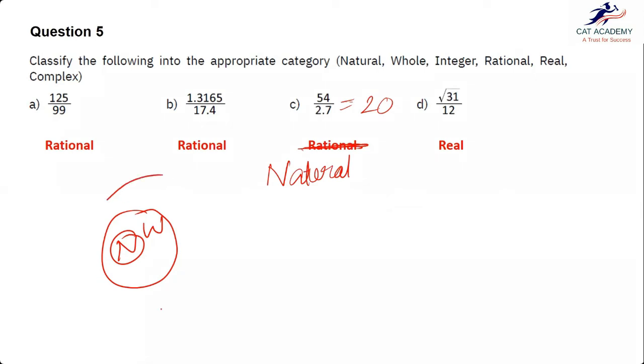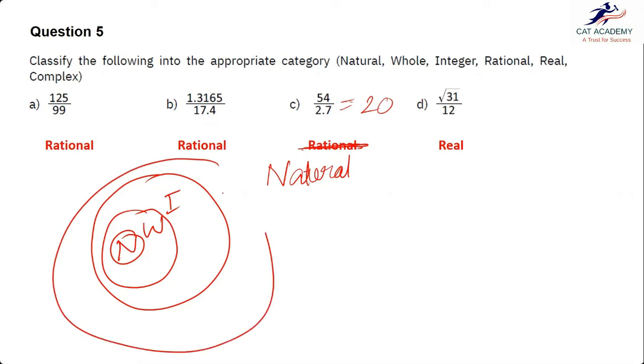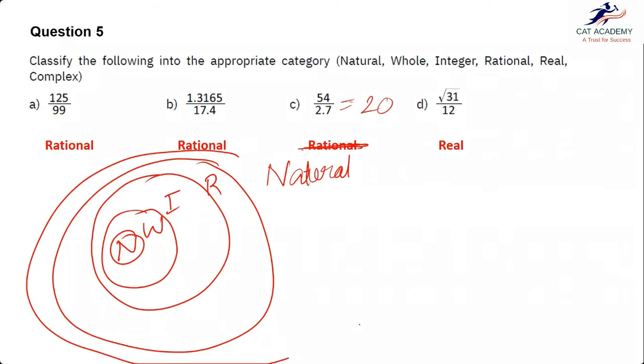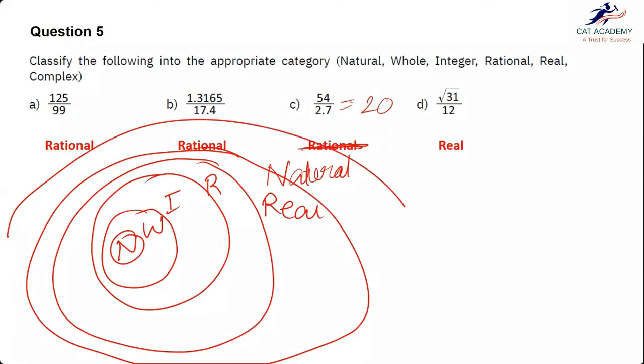Similarly, integers include everything that's a whole number, plus integers have negatives. Similarly, can I say rationals are over here? Similarly, can I say real numbers are over here? And similarly, encompassing the real numbers, can I say complex numbers are there?